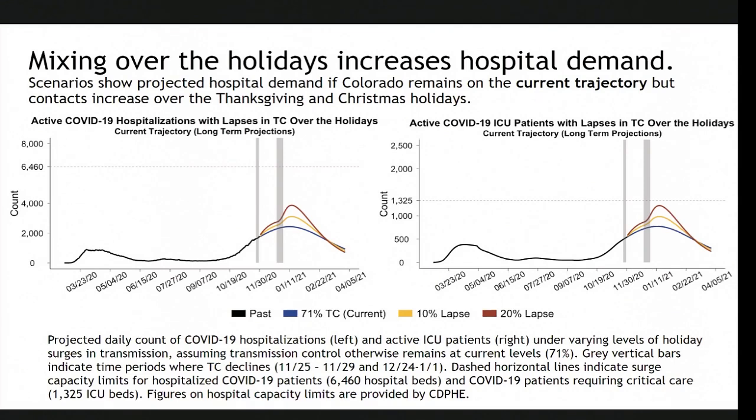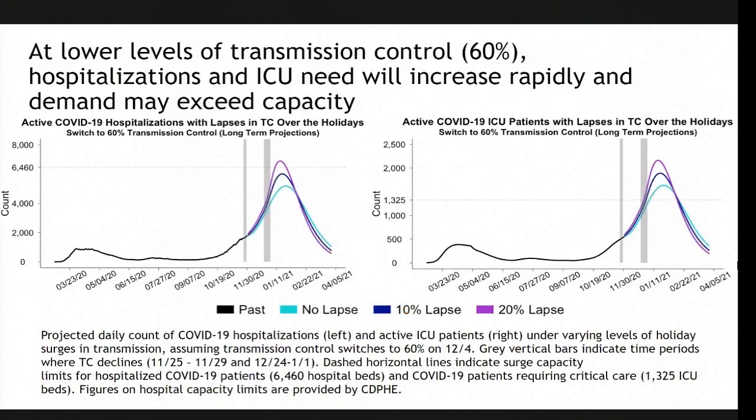Now, the next slide shows a different case. In this situation, we have a reduction of transmission control to 60%. We were at that level about 3 weeks ago when the epidemic curve was rising very steeply. Unfortunately, we've backed off from that.